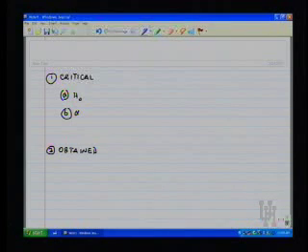X bar 1 minus X bar 2 is the numerator, the square root of s1 squared divided by n1 minus 1 plus s2 squared divided by n2 minus 1 as the denominator.